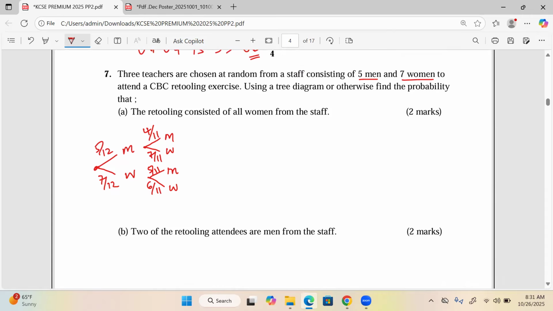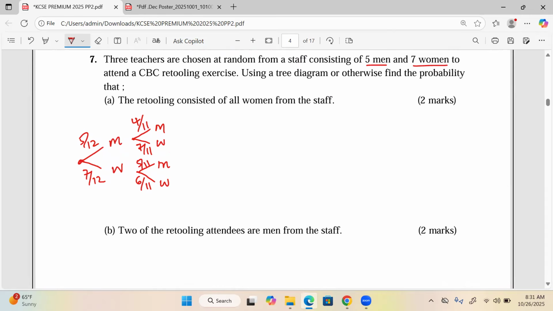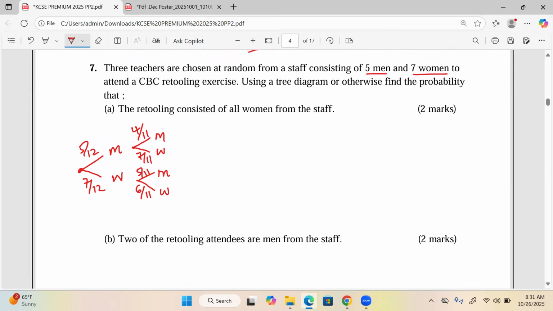We continue expressing. I don't know whether the space shall allow us to have a well-displayed tree diagram. There are 3 members, and we still have men and women. So we shall consider the previous very keenly. If you had picked a man, picking a man for the 3rd time goes to 3 out of the new total of 10, meaning that this is 7 over 10.